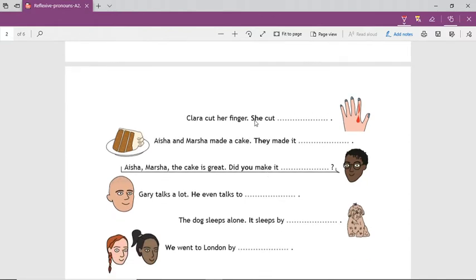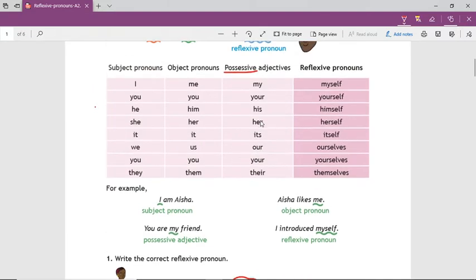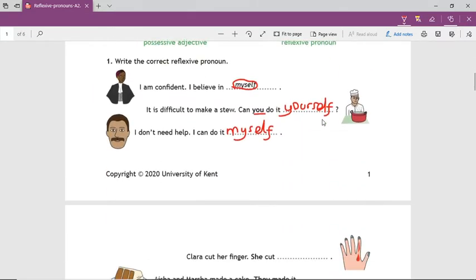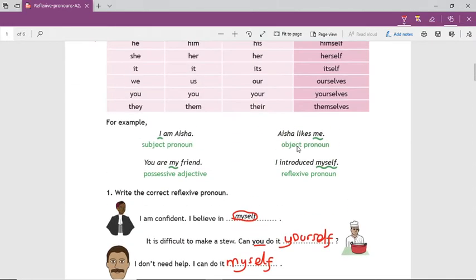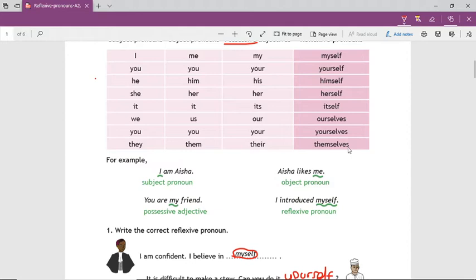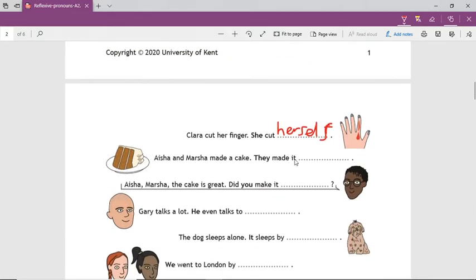She cut herself, so it becomes about her. So the reflexive pronoun is herself. Aisha and Marsha made a cake. They made it. So they, remember we're talking about themselves, plural.